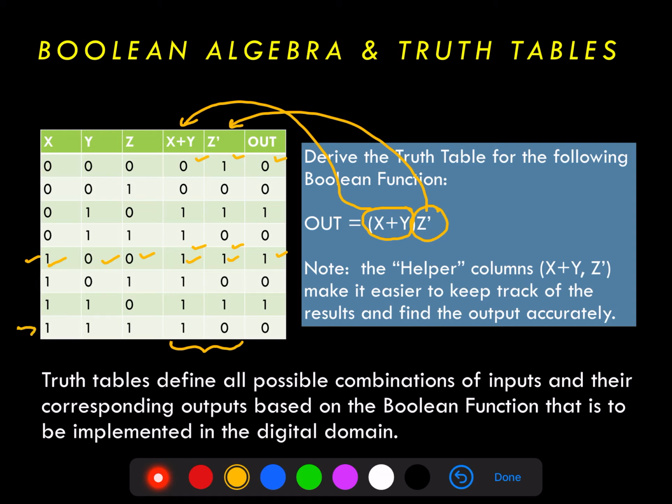Likewise, on the last line of the truth table here, first we compute x or y. 1 or 1 gives us an output of 1. Z is equal to 1, so z naught is equal to 0. And then 1 and 0 simply gives us an output of 0.